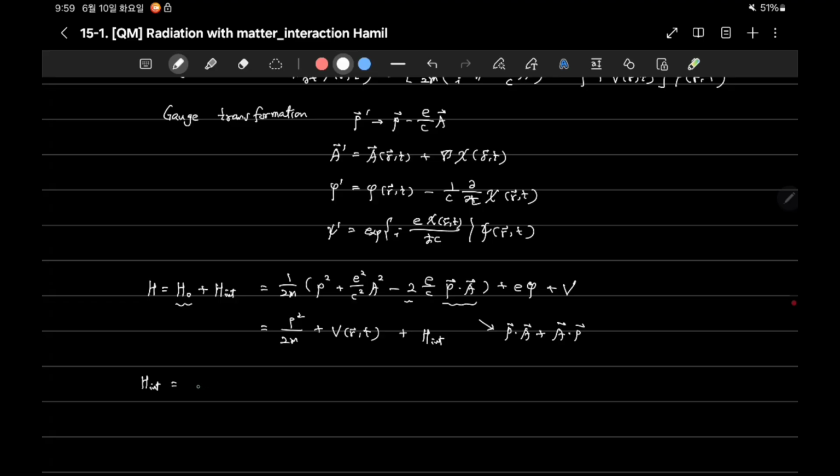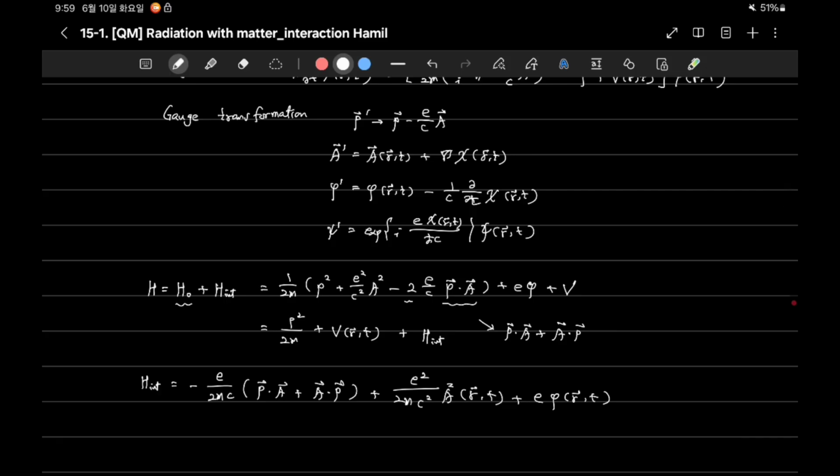The interacting Hamiltonian is minus (e/2mc)(p·A + A·p) plus (e²/2mc²)A²(r,t) plus eφ(r,t).